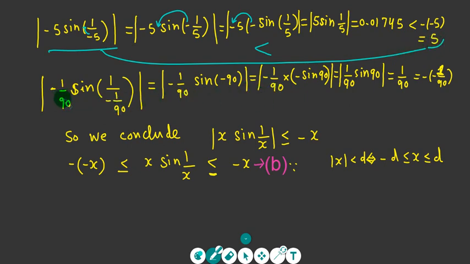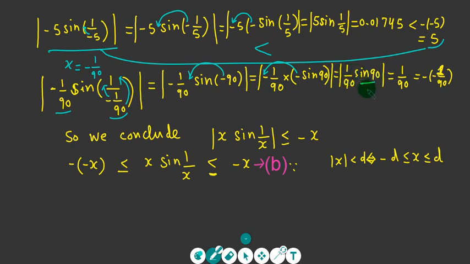Now we put the x value as minus 1 upon 90. Here we put the x value, and this 90 will move here, and this minus can be written here. So by the formula we can write minus here, this minus and this minus will be multiplied, and we get positive.